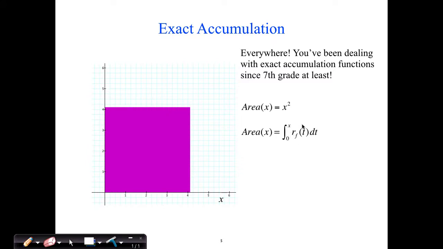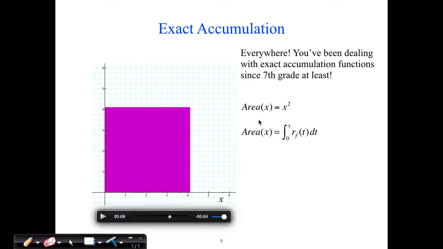So this is our m dx expression with an unknown function serving the place of this m. But that's our goal for this chapter. Figure out what expression, what formula, what function rule do I need for r sub f in general, in order to make this express area properly.